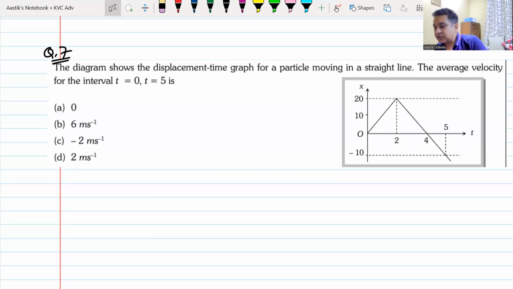Here comes the next question. This graph shows the displacement time graph for a particle moving in a straight line. The average velocity for the time interval 0 to 5 seconds is... 0 to 5 seconds, my dear friends.